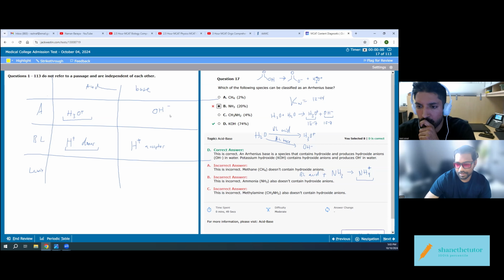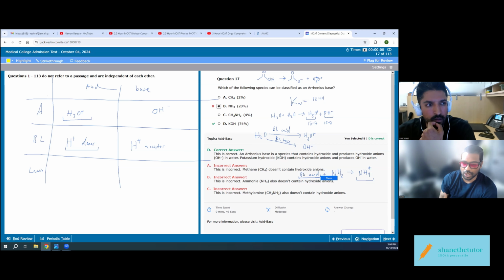Is this now the Bronsted-Lowry acid here? Oh, the Bronsted-Lowry acid is defined as donating a proton. I'm sorry, I got confused.